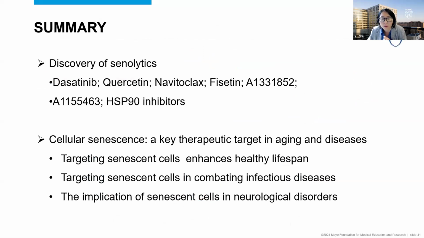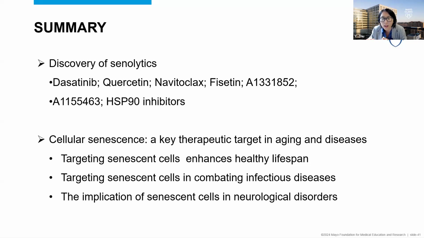Basically, the discovery of senolytics. We discovered a whole bunch of senolytics, including the first generation dasatinib and quercetin, and also BCL2 family member inhibitors, an innovative class. And now my research is focused on the role of cellular senescence in aging and diseases.